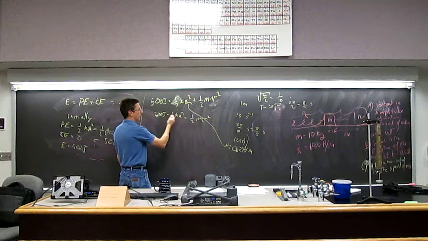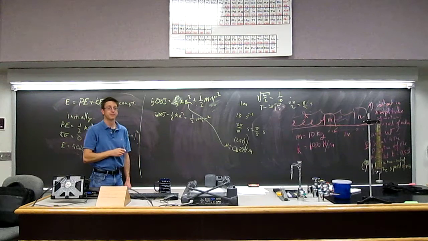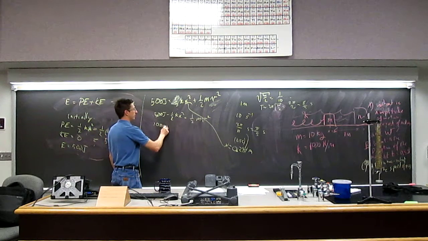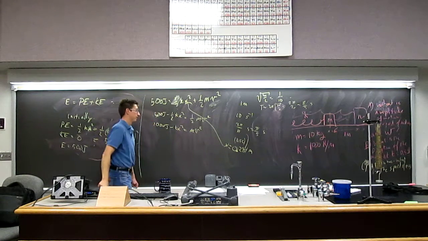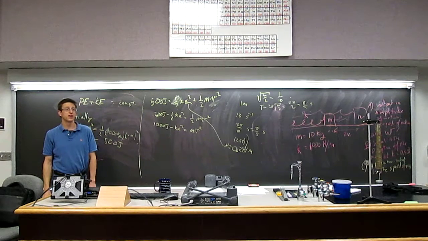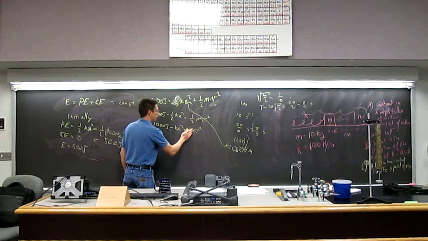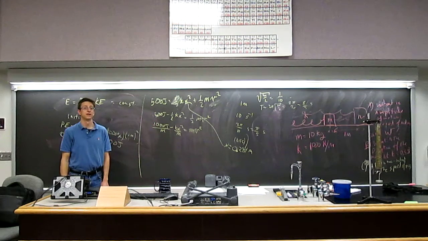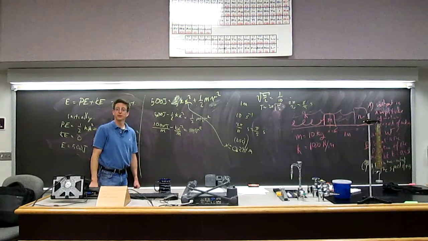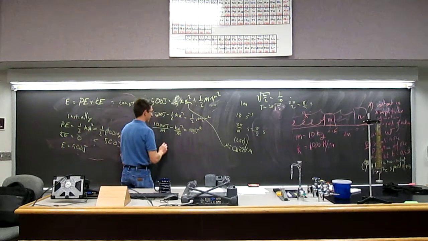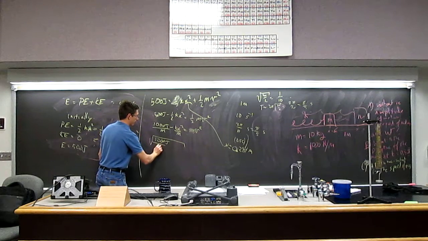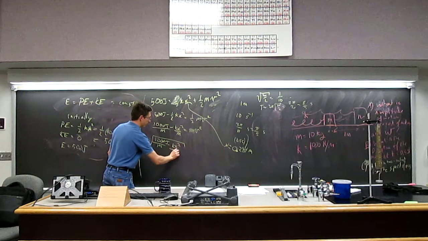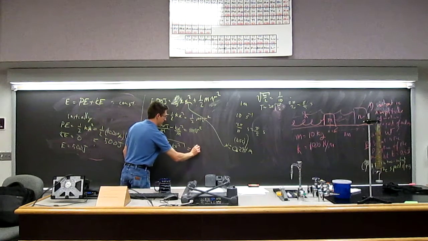Multiply the whole equation by 2: 1,000 joules minus k x squared is m v squared. Divide the whole equation by m, then take the square root of both sides to get v. So v is the square root of 1,000 joules over m minus k x squared over m.